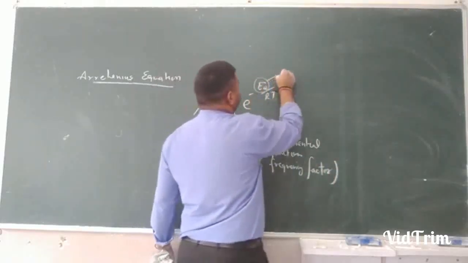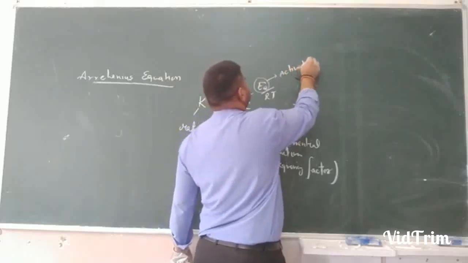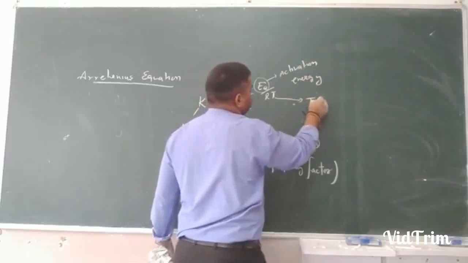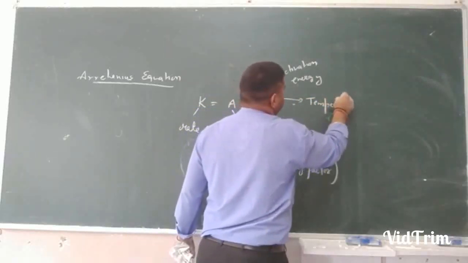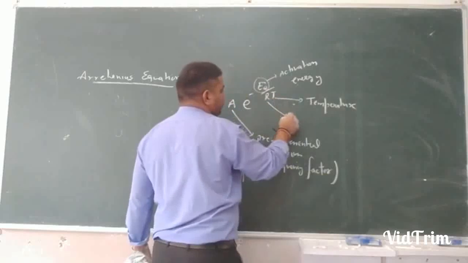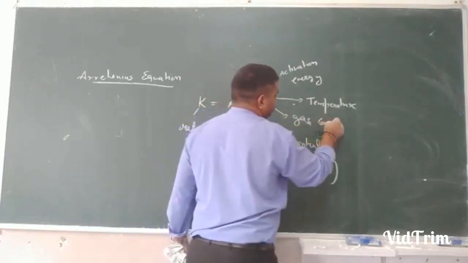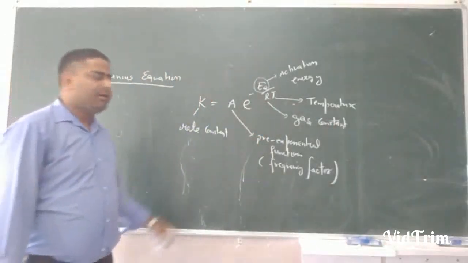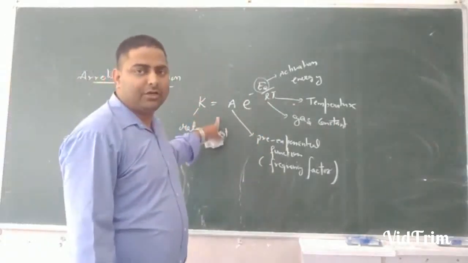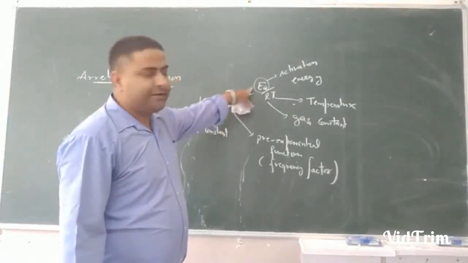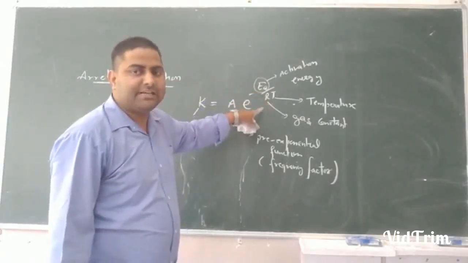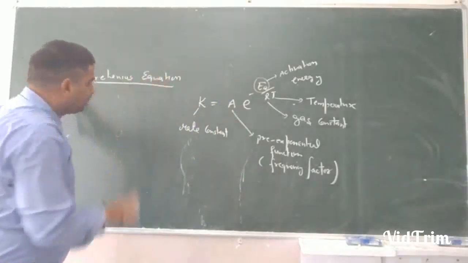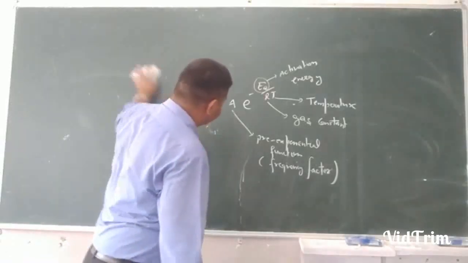Ea is activation energy, T is temperature and R is the gas constant. So this is an expression which correlates rate constant, activation energy and temperature, which explains the effect of temperature on rate of reaction. This is called the Arrhenius equation.